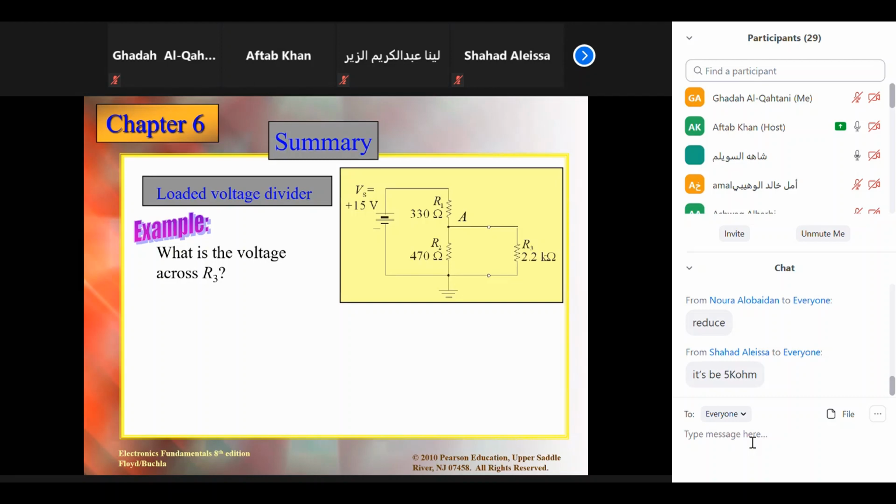Can we say the total current will be Vs over R total? But do you know R total? We will find it. Yeah, you can do it this way.